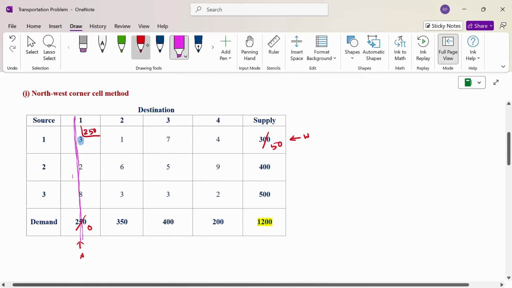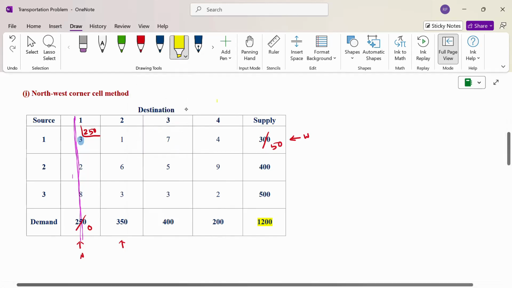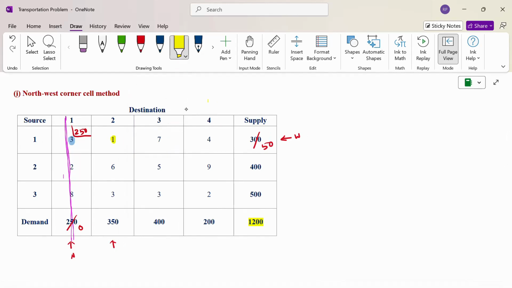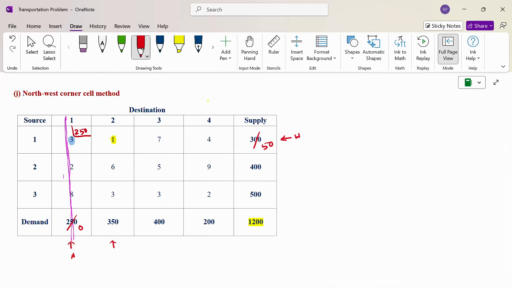Then next, again as usual, north corner, west corner. This is our selected cell, which is 1. Now how much value is possible to allocate? Supply 50, demand 350, so allocate the minimum value, 50.